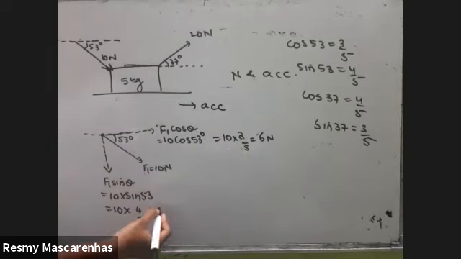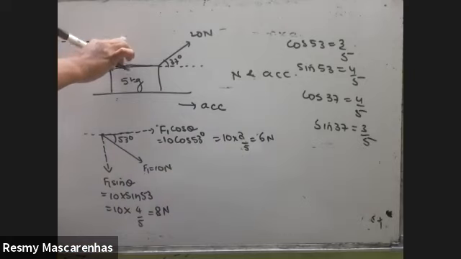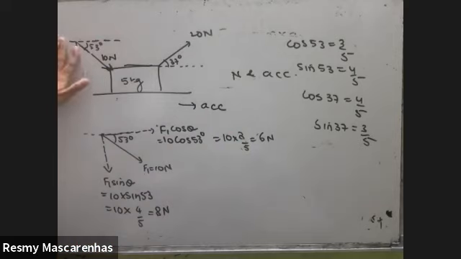So this will be 8. So for this one, this is 6 and this is 8. So we have resolved F1 into two components, horizontal and vertical, and we calculated it.